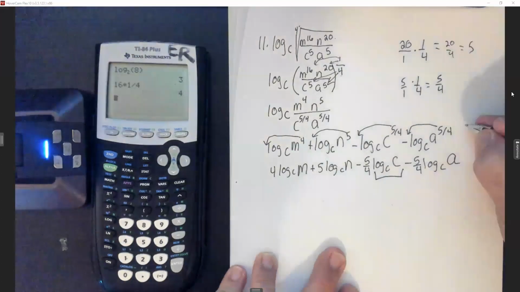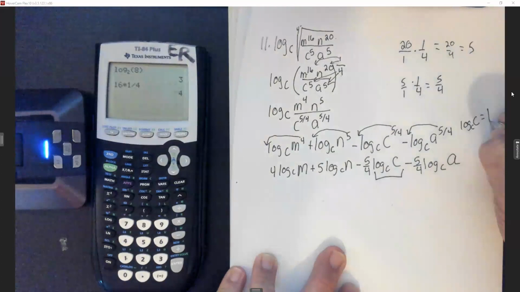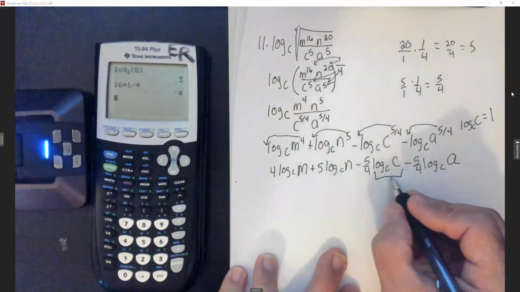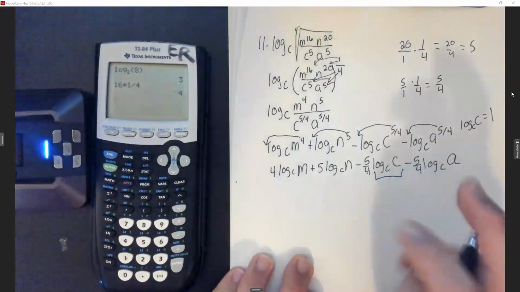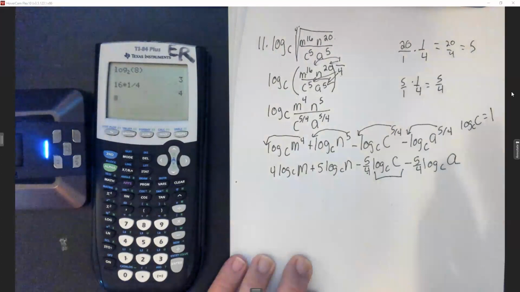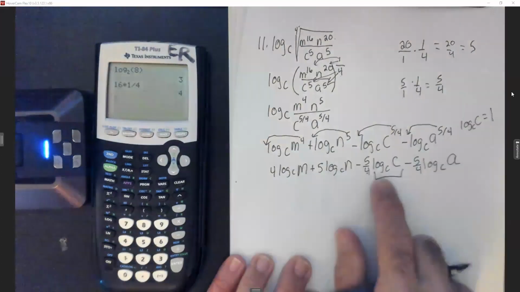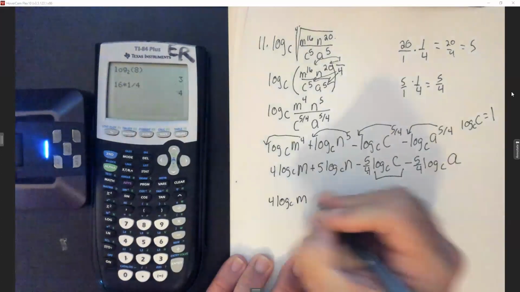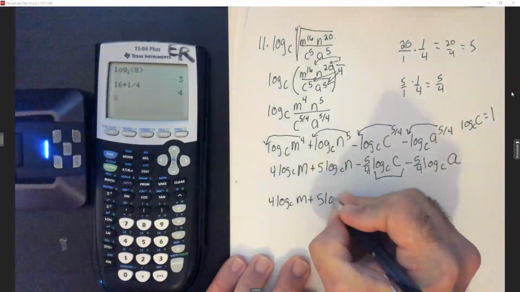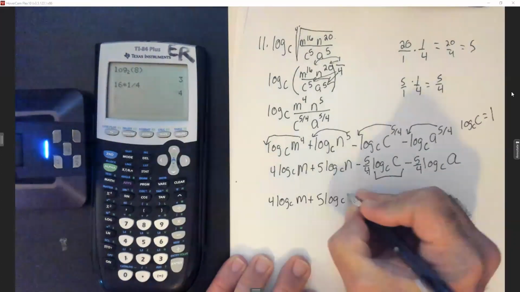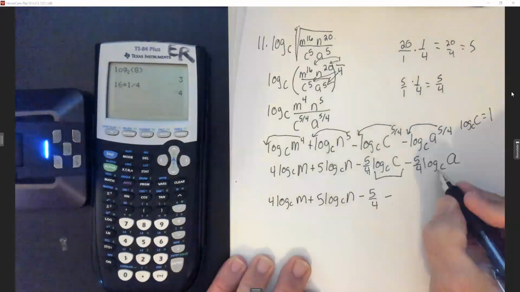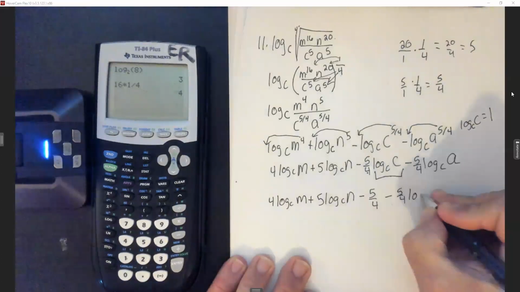And remember, log base C of C equals 1. So since this equals 1, 1 times a negative 5/4 is just going to be a negative 5/4. So notice, I got to rewrite all that just to change that. So here we go. I got a 4 log C of M plus 5 log C of N minus 5/4 minus my 5/4 log C of A.